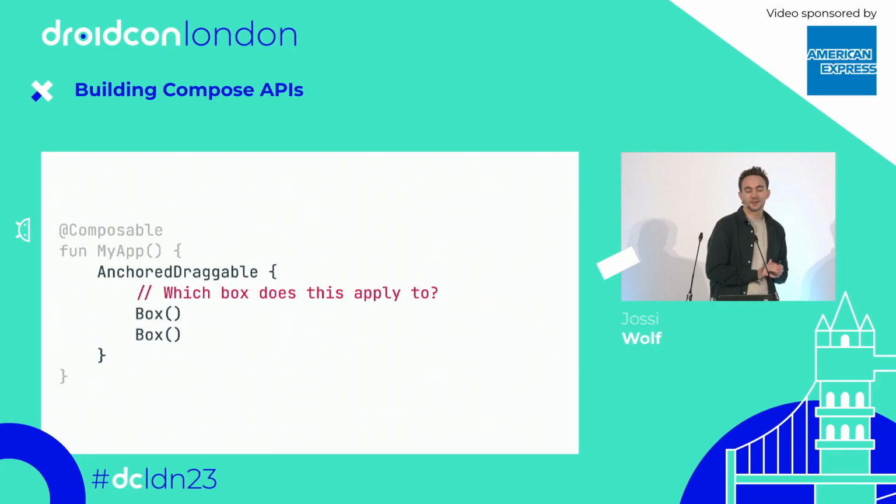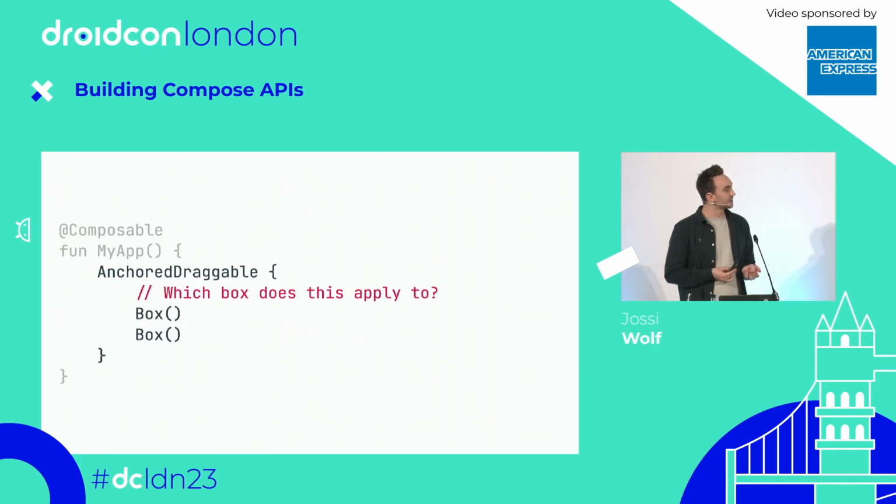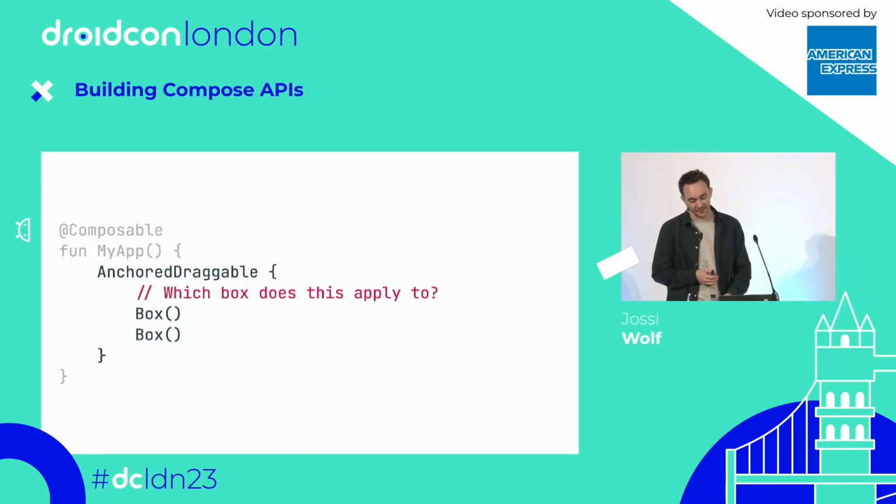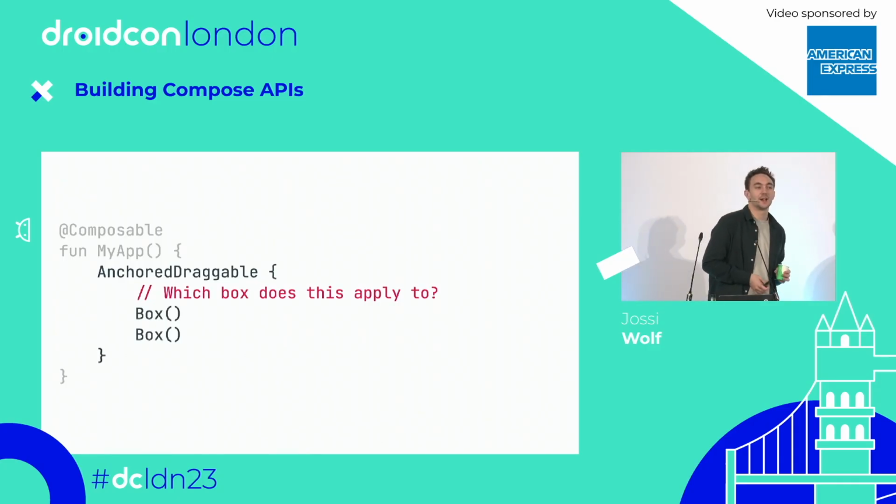And this already gives us a hint that having a custom layout, a custom component, maybe isn't that helpful. And we can really see that by writing this out. If we ask developers to use this API, or if you just look at the code, is it clear to understand what happens if you wrap this with anchor draggable?